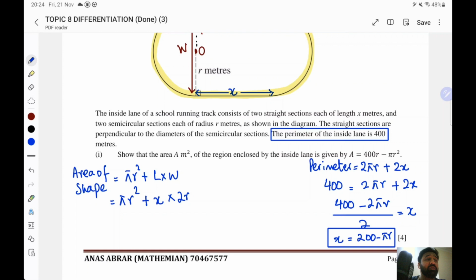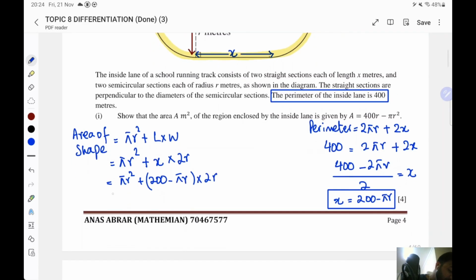This value of x, we can substitute into the other area function, which is pi r square plus 200 minus pi r in place of x times 2r.